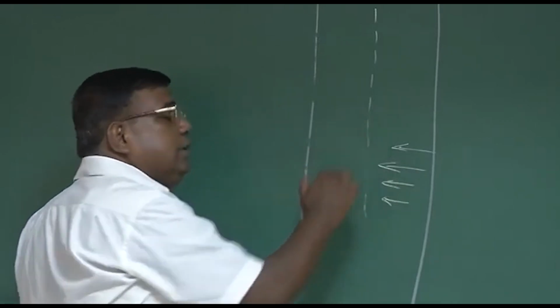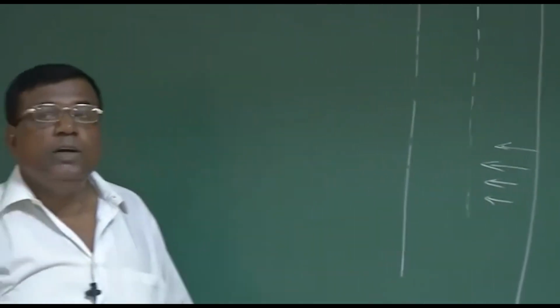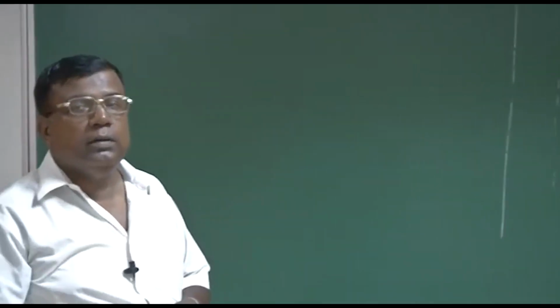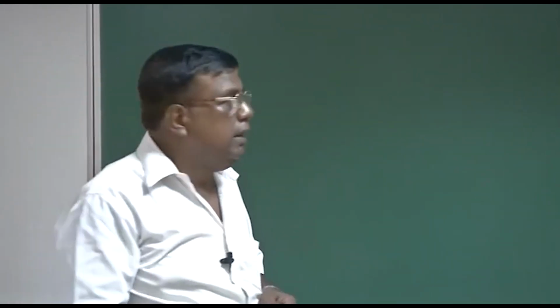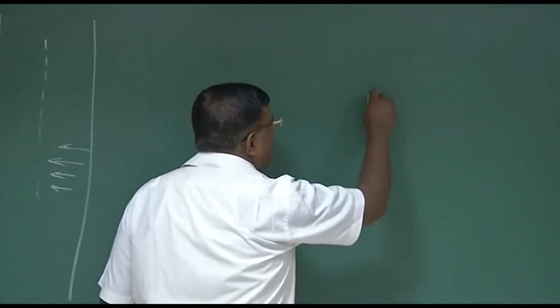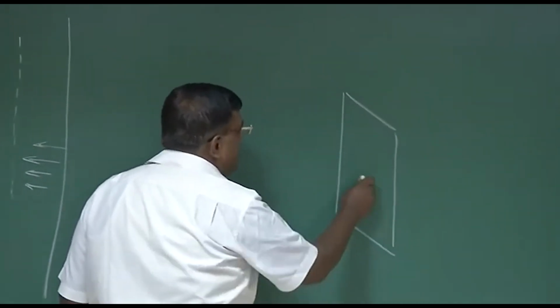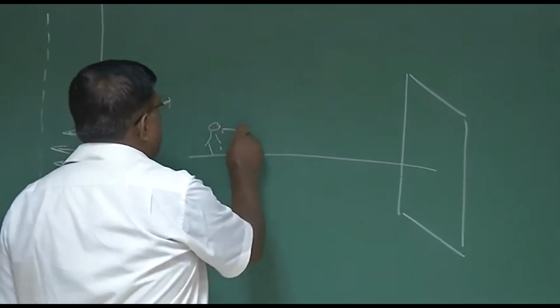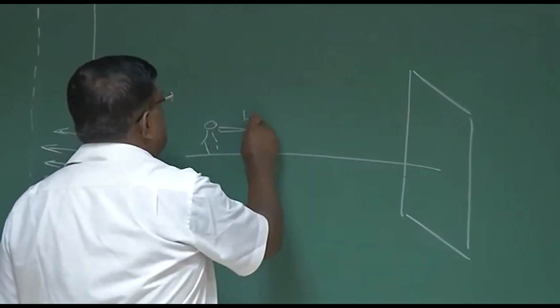But the pilot has to land here. So what is the way to handle it? That is the question. Now I will take you back to your class 9th, 10th, around that. Remember, if this is a screen and this is the central line and you are standing here, you want to shoot a bullet.